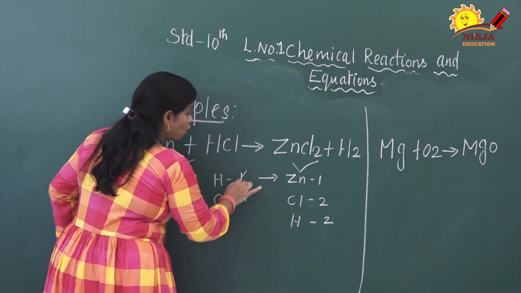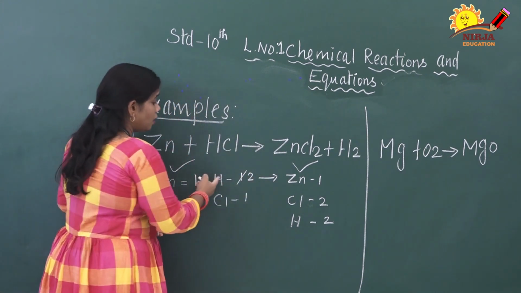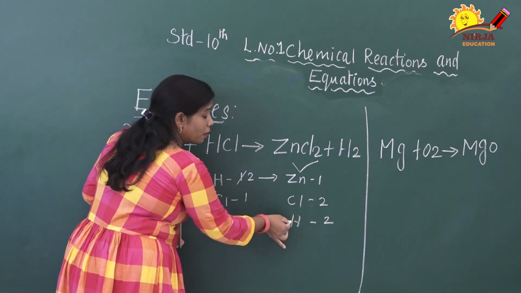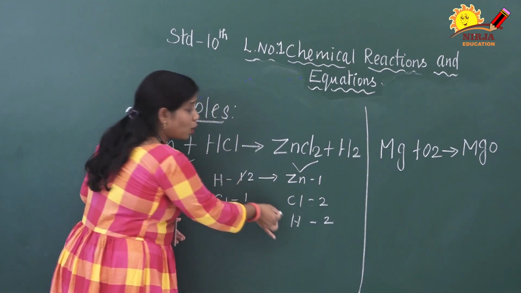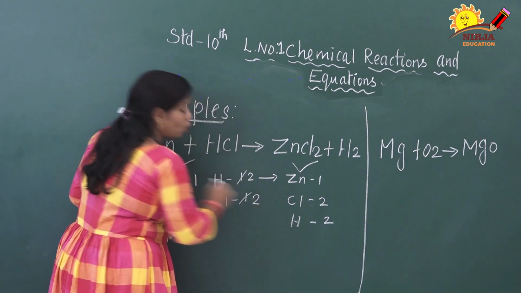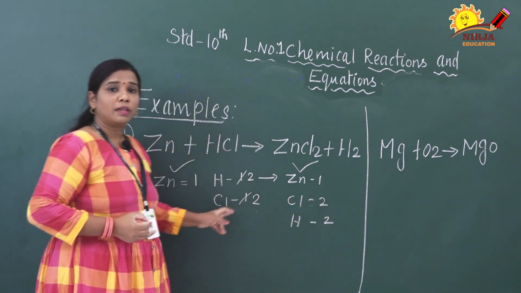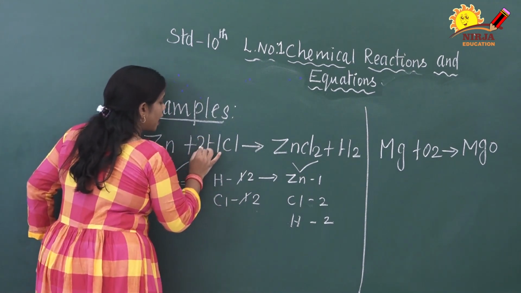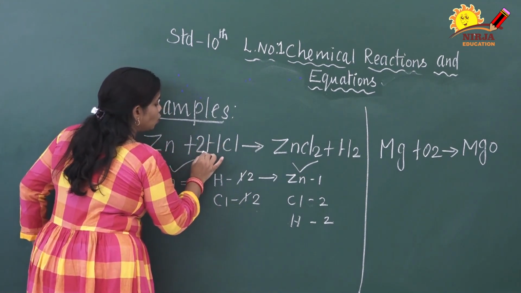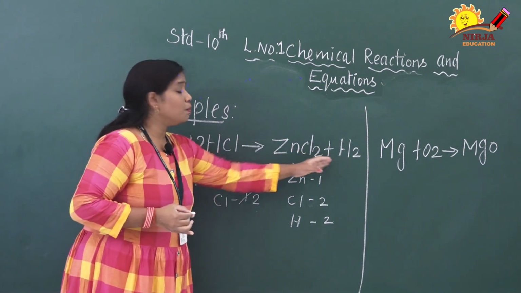So if we add one more, so we add 2. So what will happen? The 2 will compensate, 2 hydrogen, 2 hydrogen. Then 2 chlorine, if you are adding, that also balances. Clear? So I am adding here 2 HCl. If I add, the equation is balanced.